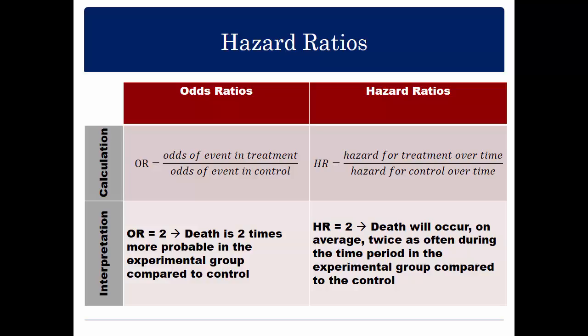And again, that's a function of time. So I could compute the hazard ratio for a different period of time. I could do it for a month. I could do it for a week. I could do it for 10 years. And it would be telling me about how frequently it occurs during the time period.